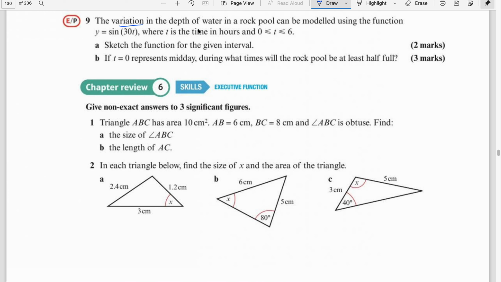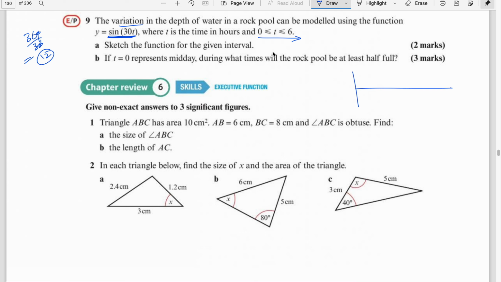The variation in depth of water in a rock pool can be modeled using the function y equals sine of 30t. Whatever the question is, I'm just assuming that we should have one cycle in 12 hours because of this 30, where t is the time in hours from 0 to 6. Sketch the function for the given interval. Okay.